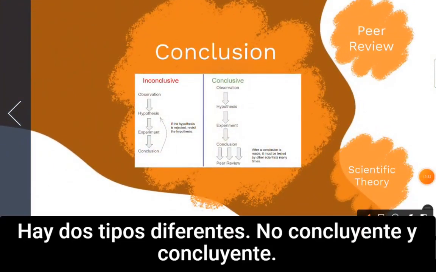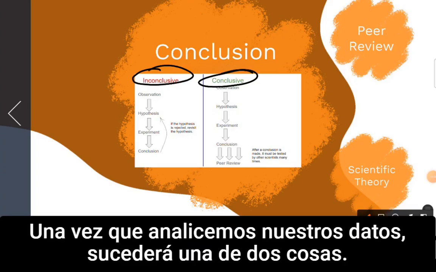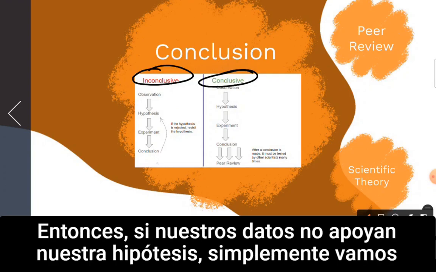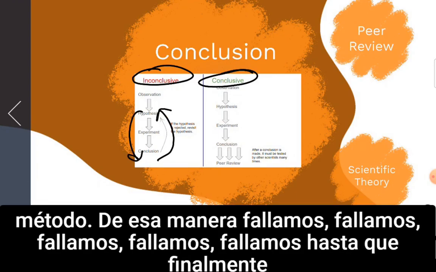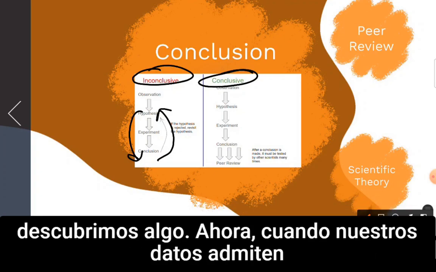There are 2 different types, inconclusive and conclusive. Once we look at our data, 1 of 2 things will happen. So if our data does not support our hypothesis, we just go back. And we keep going through the scientific method that way. We fail until eventually we discover something.